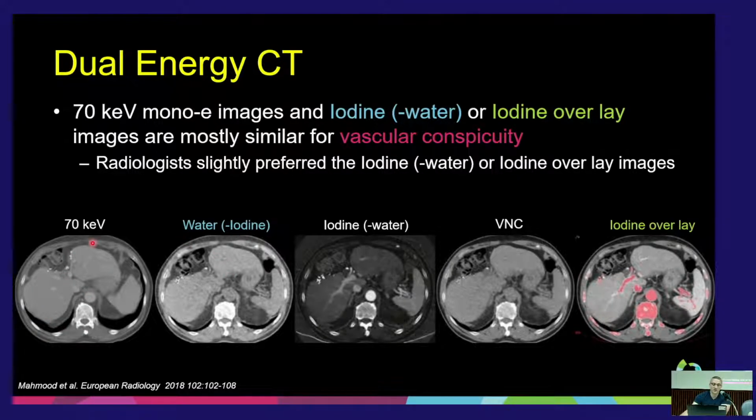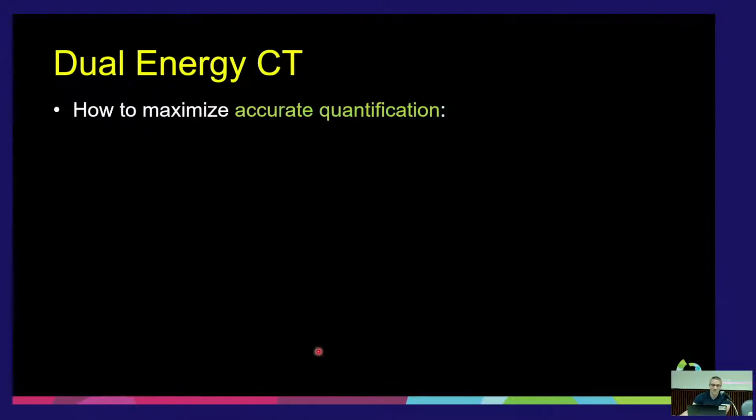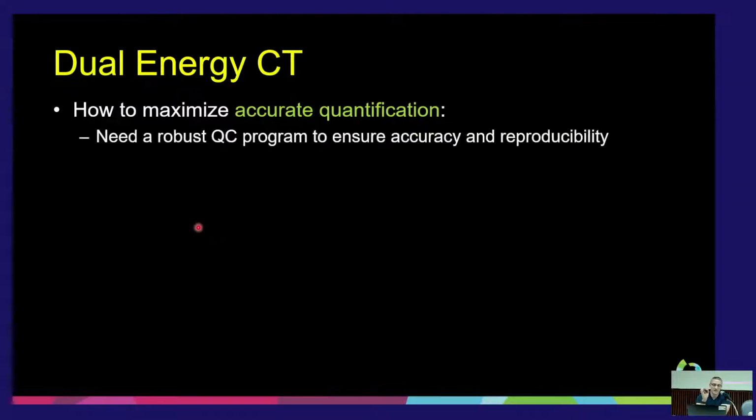So there are these tools where, once you know what's water or soft tissue versus iodine, you can start removing certain signals, and then start overlaying what is iodine on top of the signal. The beautiful thing about dual energy is being able to distinguish and quantify the distinctness of two different tissue types.